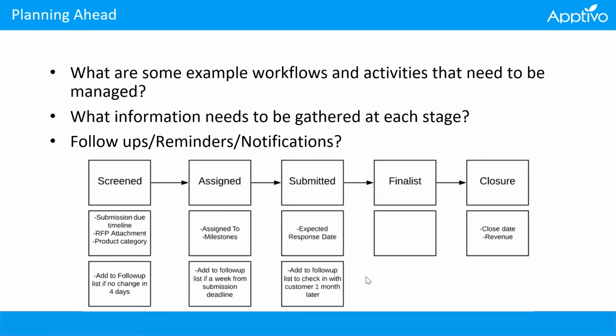And then once it's submitted, we need to follow up with the customer a month later to check in to see if there was a decision. So yeah, just list any basic reminders and follow-ups at any stage.